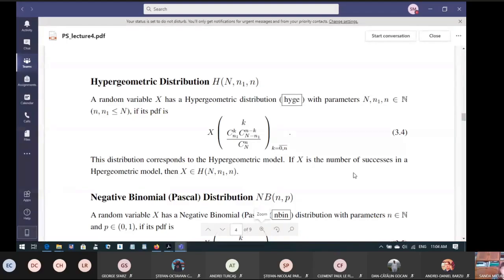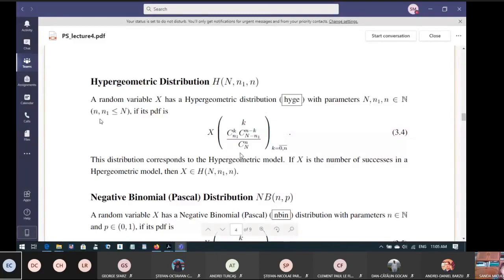We need more information than just that probability of success, that proportion at the beginning, because it will only be that at the beginning, being without replacement, it changes from one trial to the next.